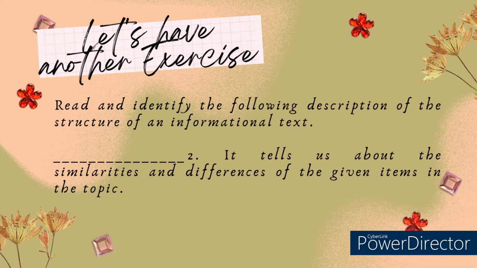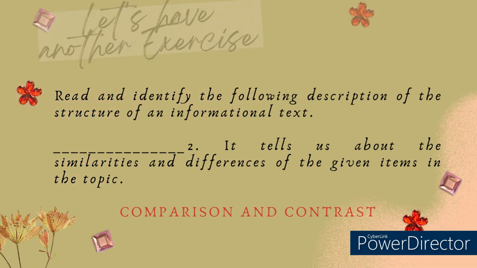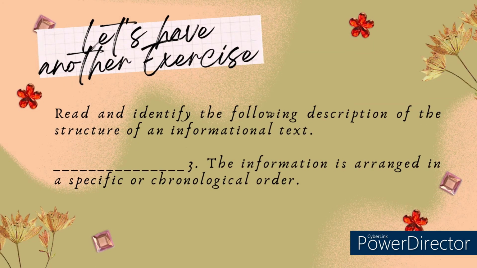Number 2. It tells us about the similarities and differences of the given items in the topic. The correct answer is comparison and contrast. Number 3. The information is arranged in a specific or chronological order.